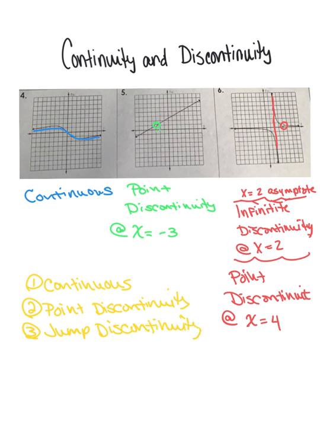And I can also have infinite discontinuity. Now, very rarely will I have more than one in the same place, and if I do, it's usually going to be to mix point discontinuity in with something else. But those are my different types of continuity and discontinuity.